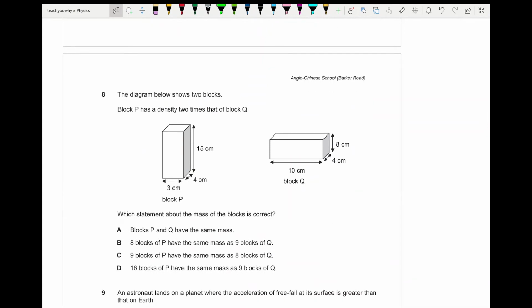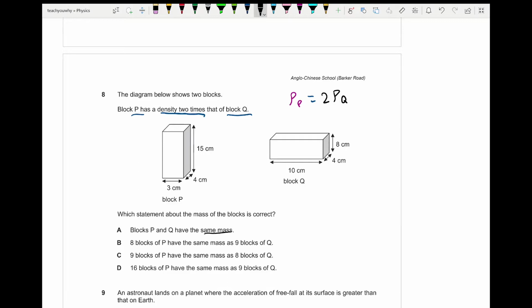Alright, question 8. Block P has twice the density of block Q. That means to say rho P is equal to 2 rho Q. They want us to find the mass.